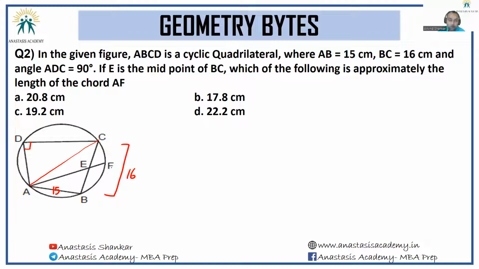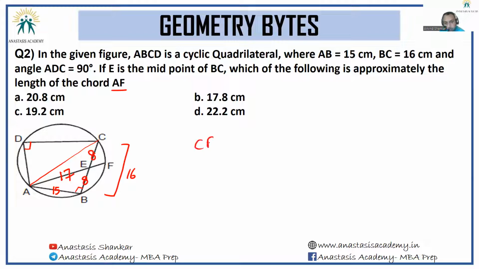If E is the midpoint of BC, this is 8. Then which of the following is approximately the length of chord AF? See, if this is 90, this also has to be 90 because cyclic quadrilateral, 8, 15, Pythagorean triplet. I know this to be 17. I know this to be 8.